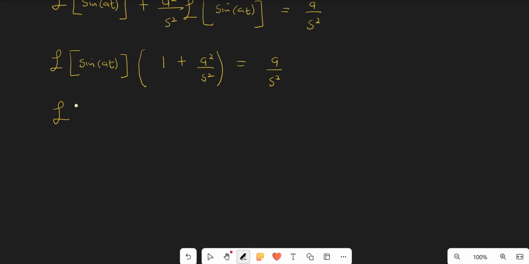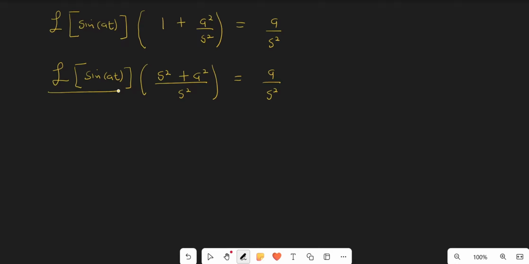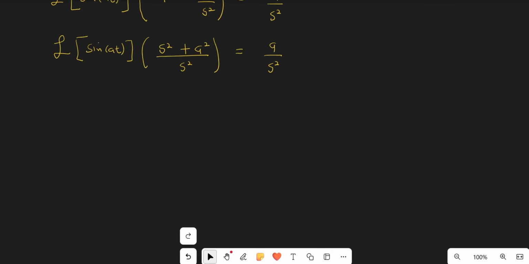Cool. So the Laplace transform of the sine of at, which we are seeking to find, is multiplied by (s squared plus a squared) all over s squared, and this is equal to a over s squared. We want to isolate this, so we can multiply both sides by the reciprocal of this.